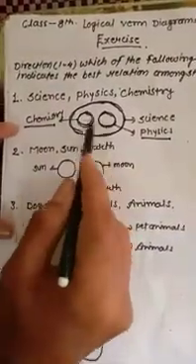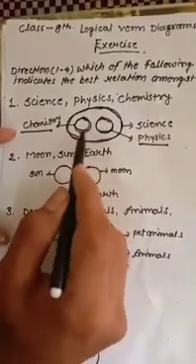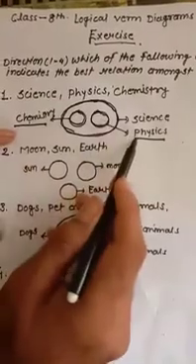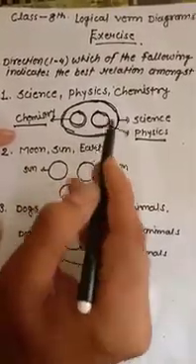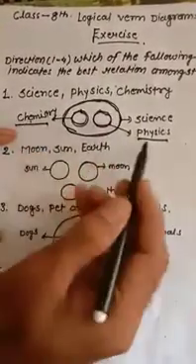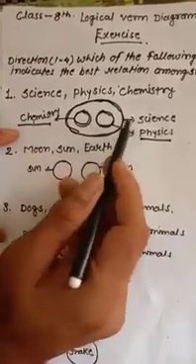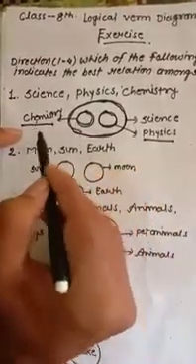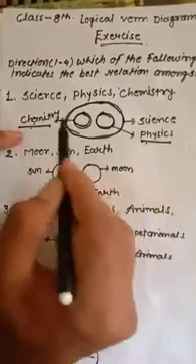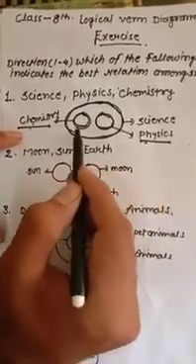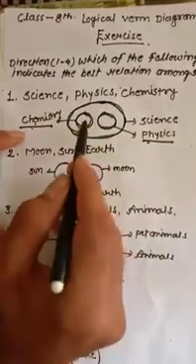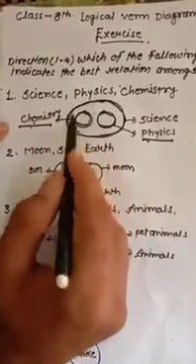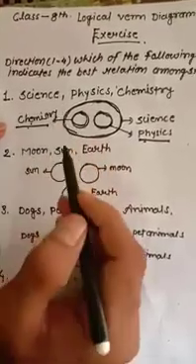That means there is no relationship between the two subjects, but both chemistry and physics are branches of science. If we are studying the subject science, we have to study chemistry and physics both, but between chemistry and physics there is no relationship. They are different subjects. So this kind of Venn diagram will represent such things very well.